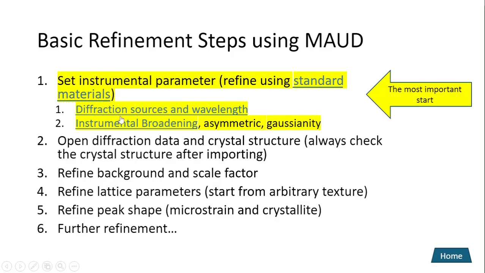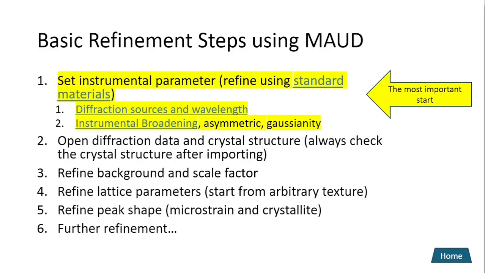We have the diffraction source and wavelength, and it also contains the instrumental broadening of the peak, asymmetry and Gaussianity, which is important if you want to take the crystallite size value precisely. Without these parameters set correctly, you can still get a number, but it possibly has a high error.